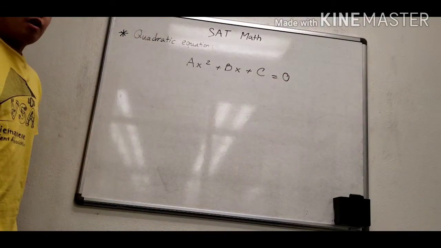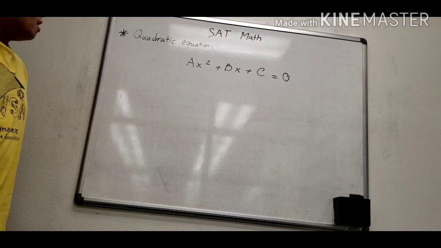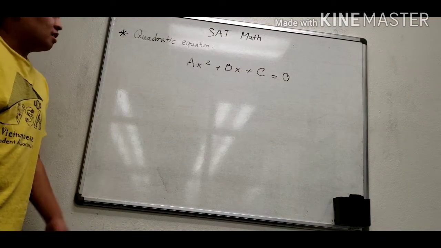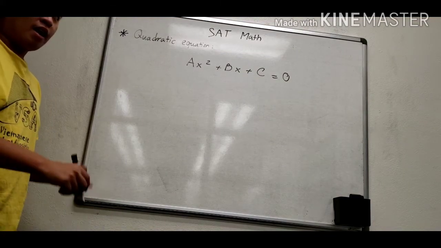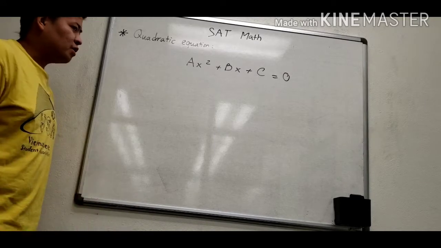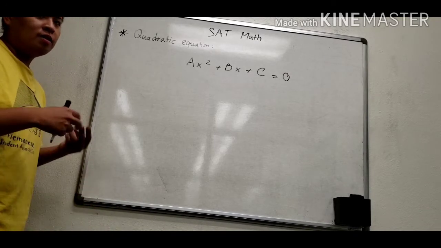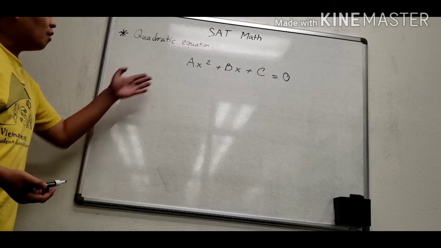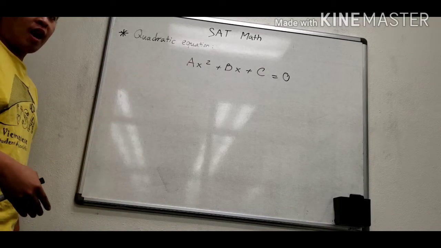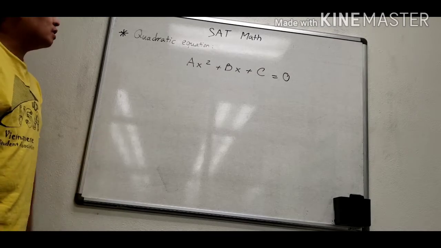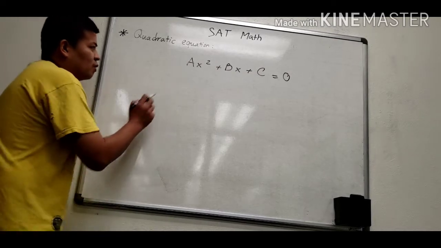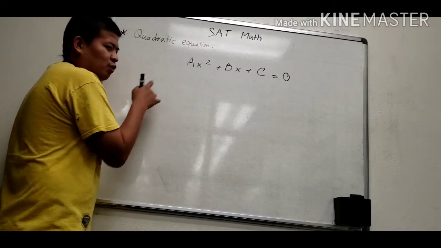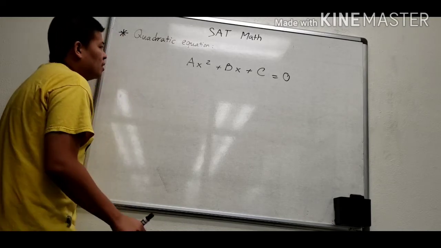In the SAT math, they ask you to find the solution, find the sum of the two solutions, or the product of the two solutions together, or maybe they ask you to input x equals something and find the result. So the first thing we need to learn is how to find the solution of the quadratic equation.